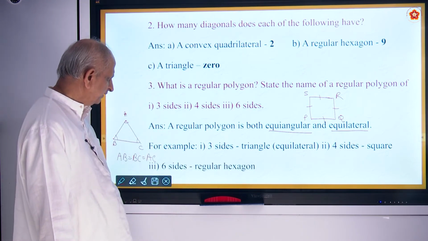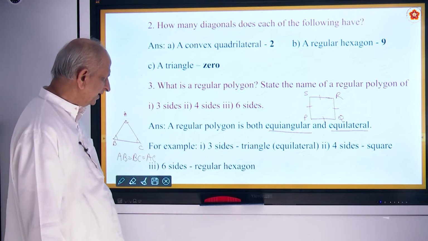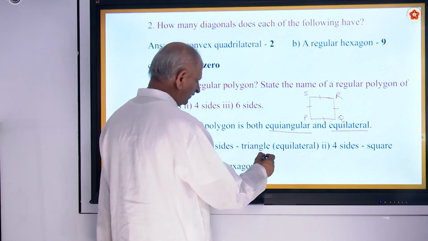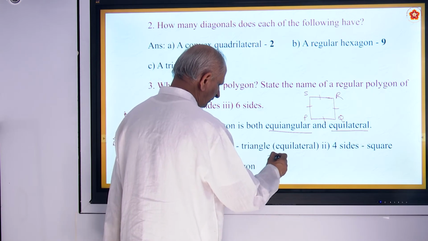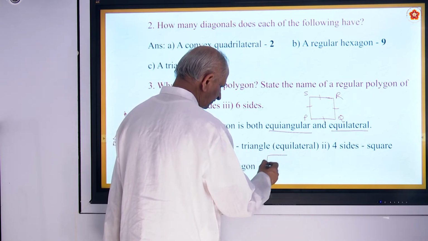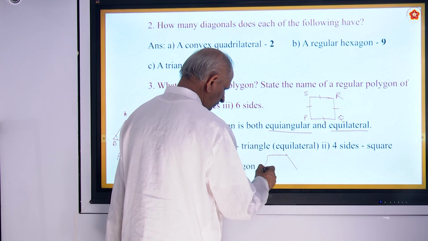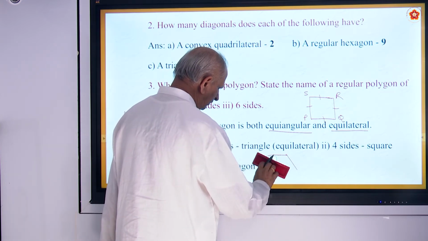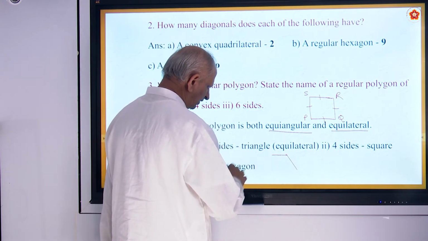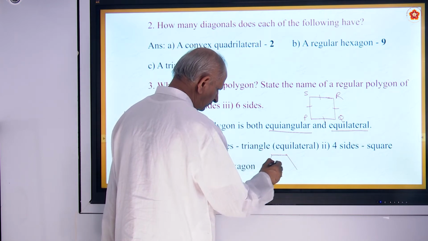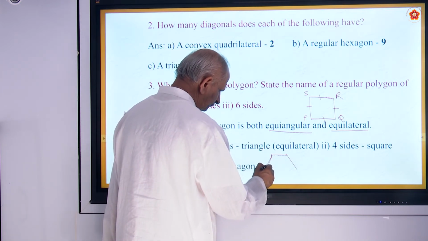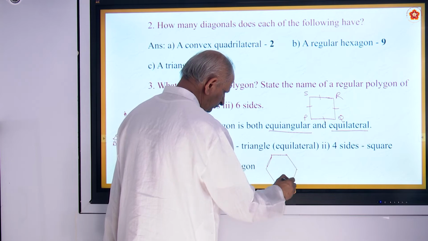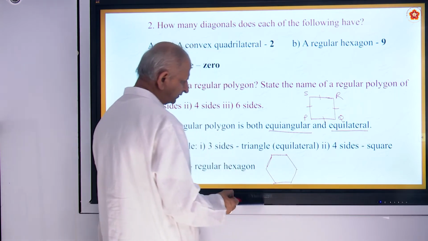6 sides, what do you call it? Regular hexagon. Hexa, just now I showed it. Hexa means what? 6 sides. So if the 6 sides are equal, we call it a regular hexagon. Something like this.